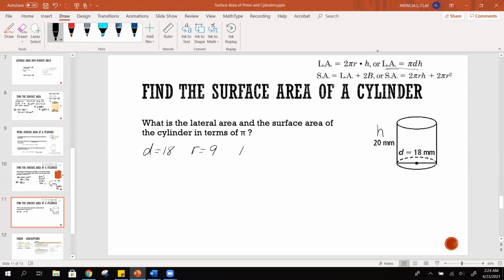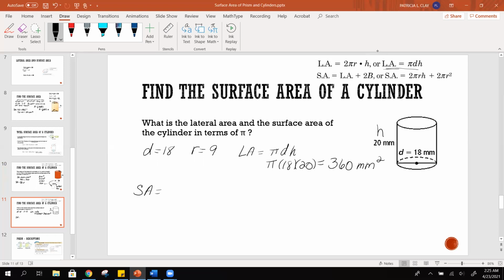Let's say our lateral area formula is pi times diameter times height. We're just going to plug it in. 18 times 20. That's going to give us 360 pi. Now for the last part, we have SA.